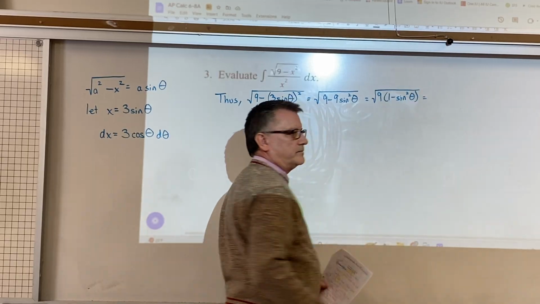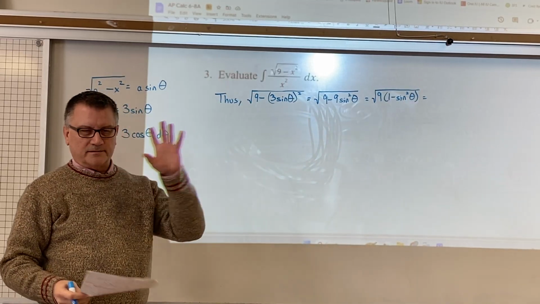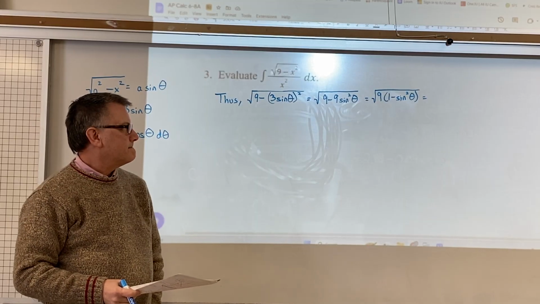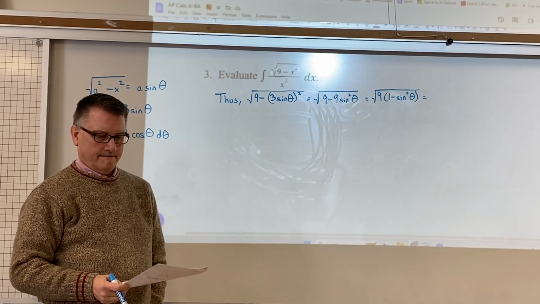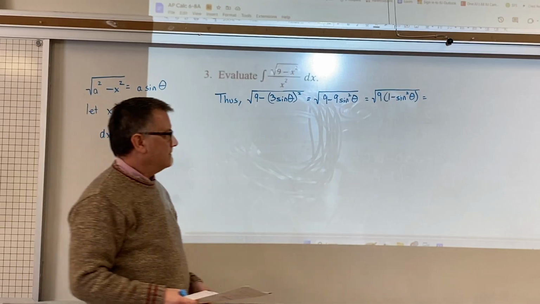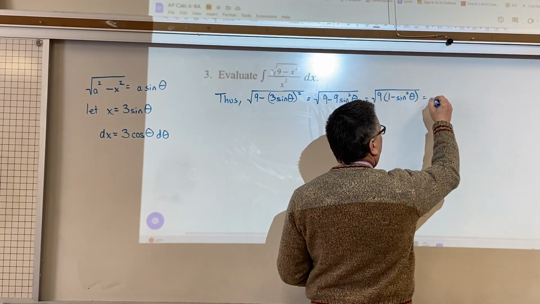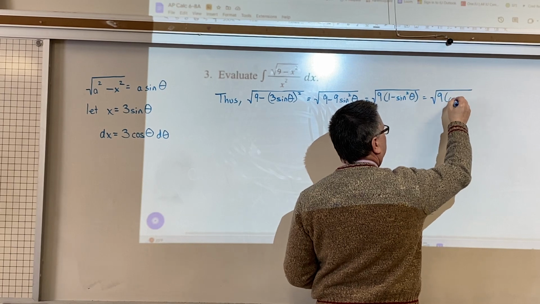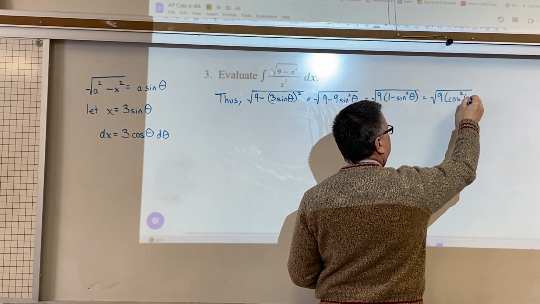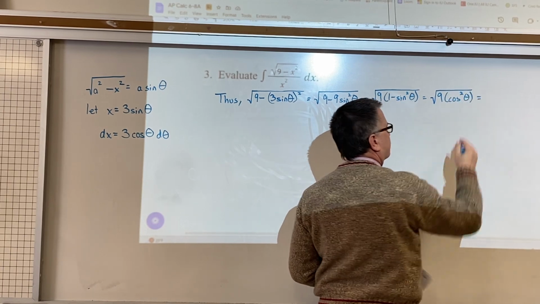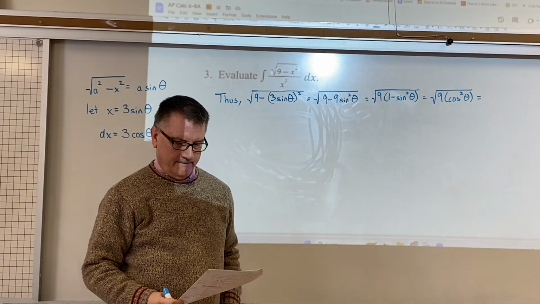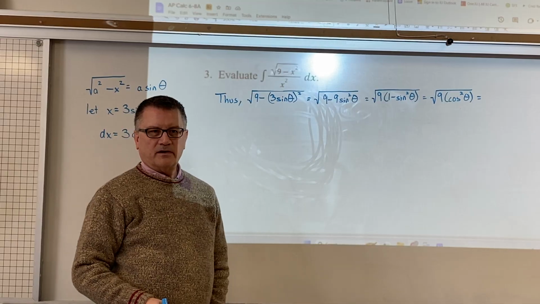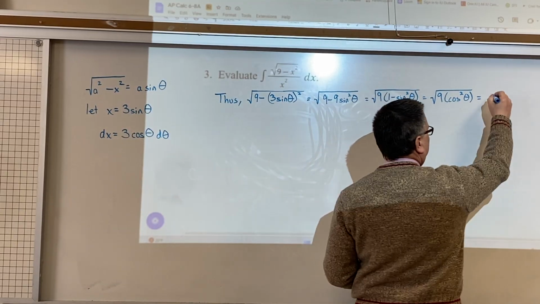And that radical, it's that radical that was the troublemaker here. Oh, look at this. Then I got 9 times 1 minus sine squared, which is cosine squared. So the square root of 9 cosine squared is just 3 cosine theta.